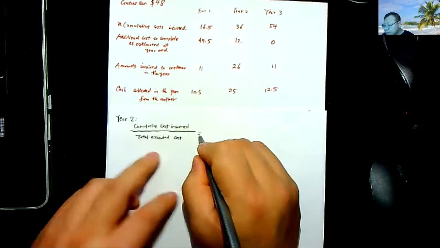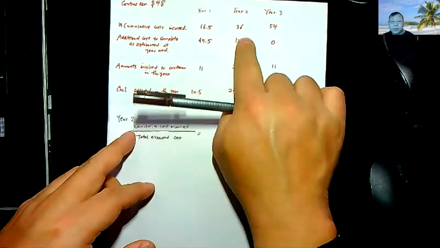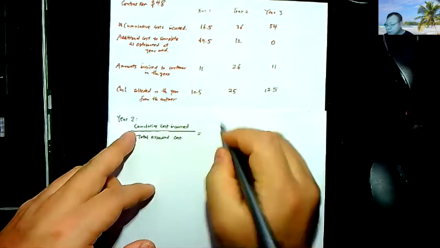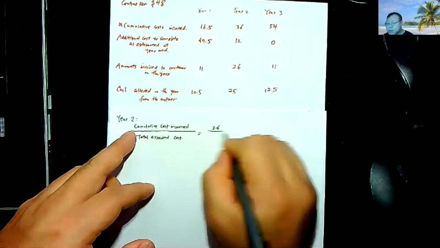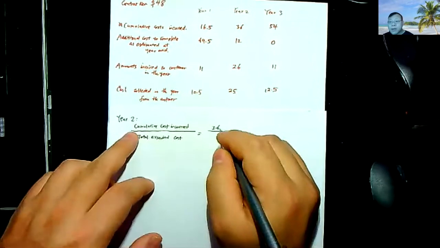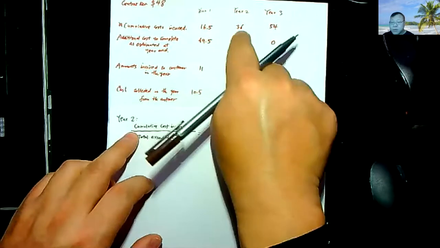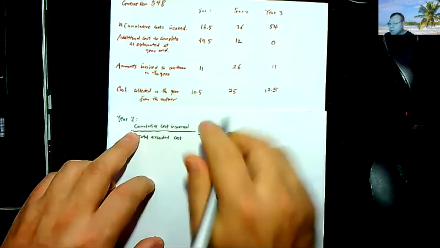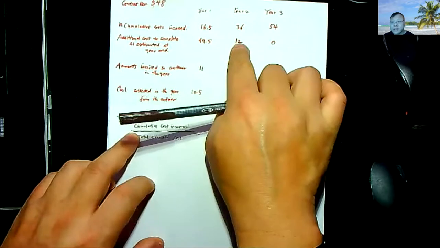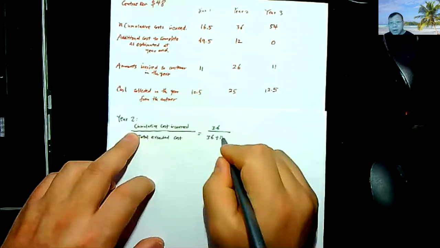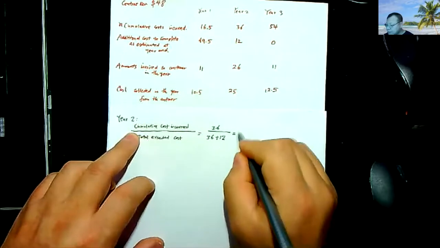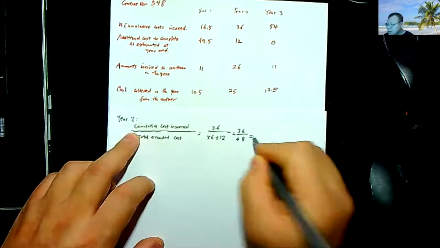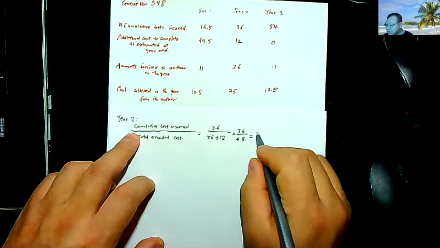At the end of year two, the total cumulative cost incurred is 36. And the total expected cost is what had already occurred, 36, plus the cost expected in the future, 12. So I have 36 divided by 48. So this is going to be 75%.